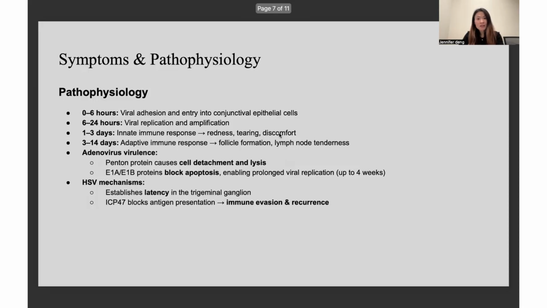Adenovirus can damage cells directly and delay cell death, allowing the infection to persist. Herpes simplex virus can establish latency in nerve tissue and evade the immune system, which explains why symptoms may recur.